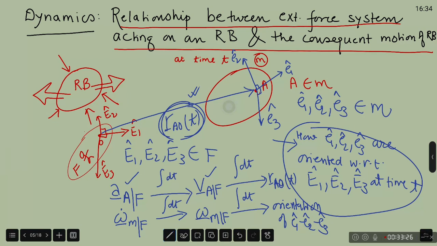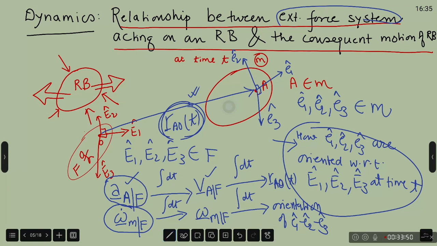So the relationship that we are looking for between the external force system and the motion can be something which relates acceleration of A to the net force, and a relationship that relates angular acceleration to the force system.